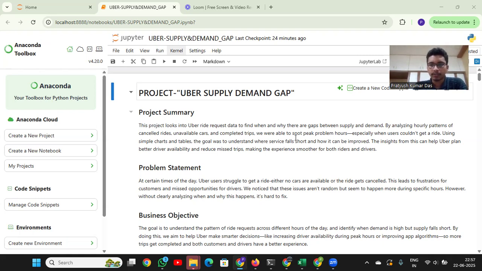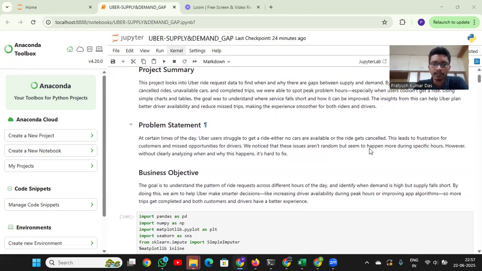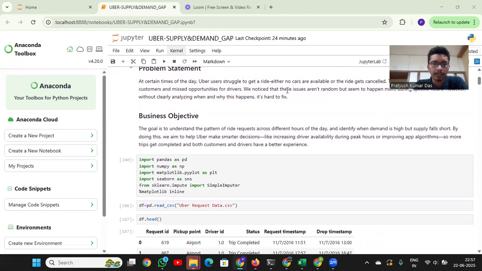Similarly, we also used simple charts and tables, where our main goal was to know how to improve the services from a business point of view. These insights can also help Uber plan better driver availability and reduce missed trips, thus making the experience smoother for both the users and the cab drivers.